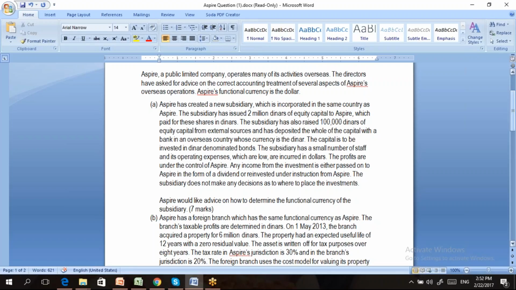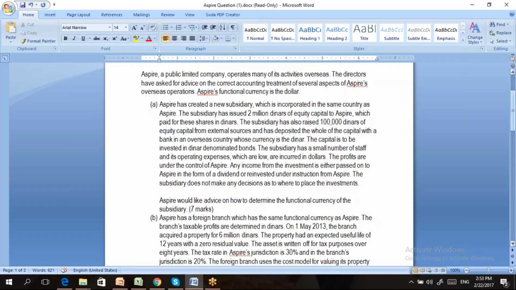The consideration for currency which influences sales and costs is not relevant here, because there are no sales and no costs happening; they are taking money and investing in another foreign country. So no decisions are taken by the subsidiary.